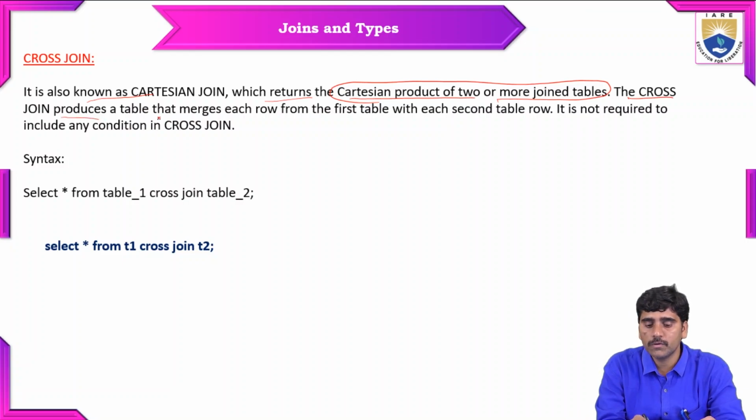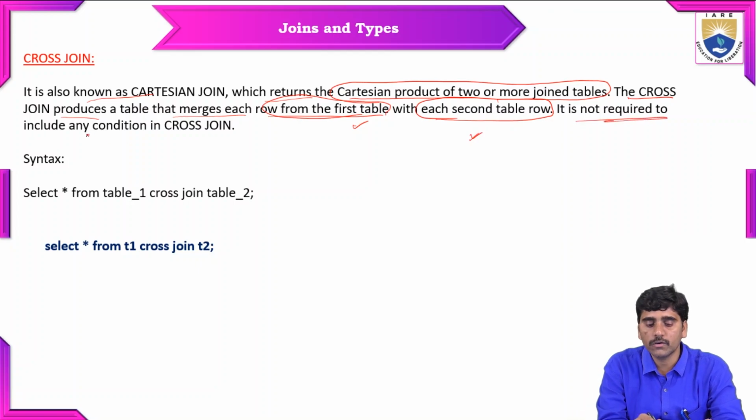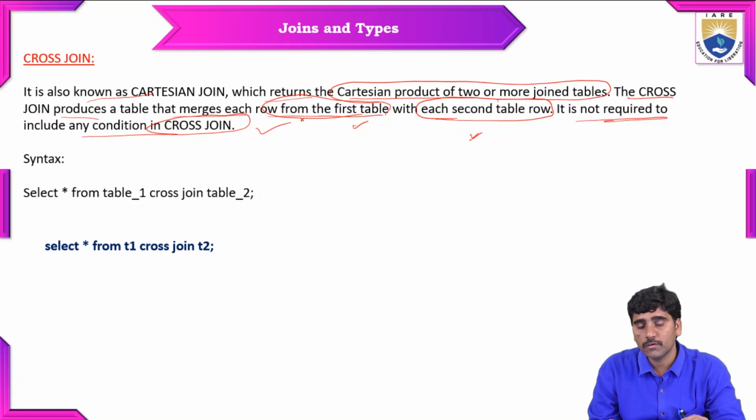The cross join produces a table that merges each row from the first table with each row of the second table. It is not required to include any condition in a cross join. The main difference from all the other joins is that here there is no need to apply any condition, because it takes the Cartesian product of two tables.